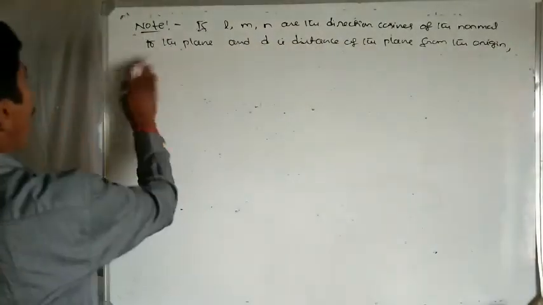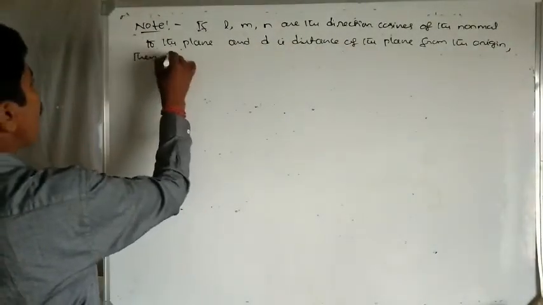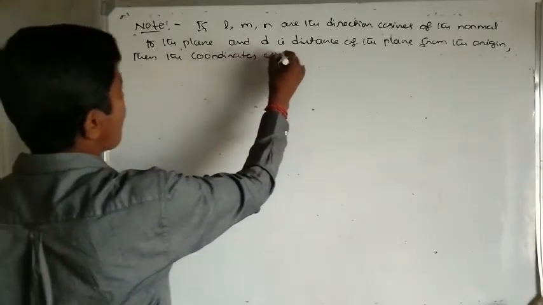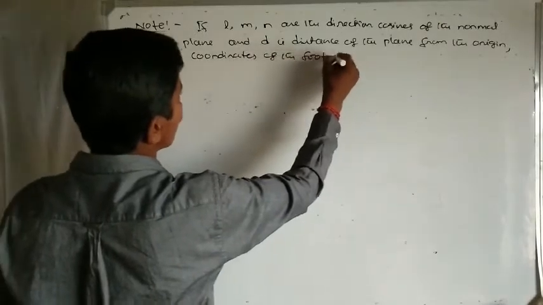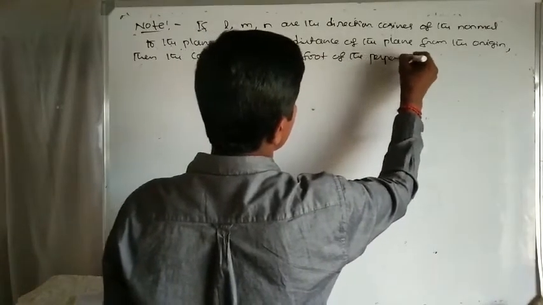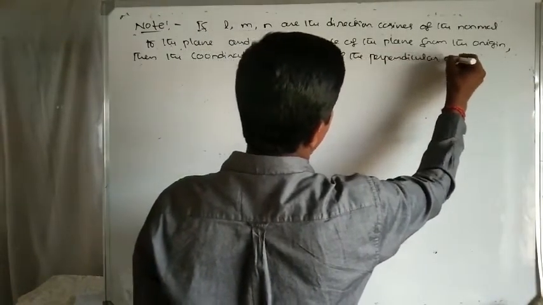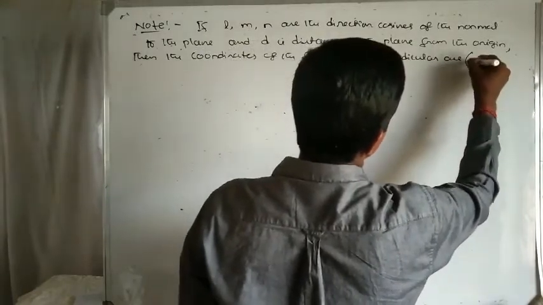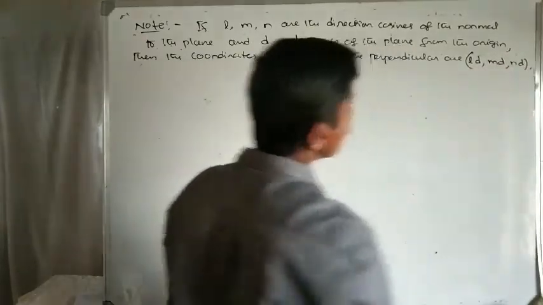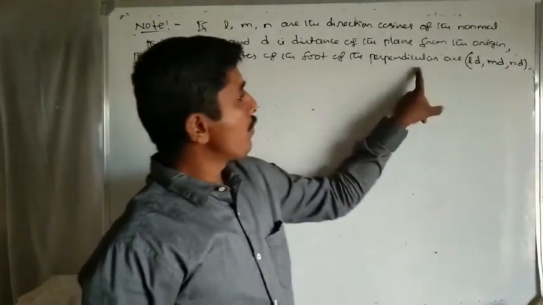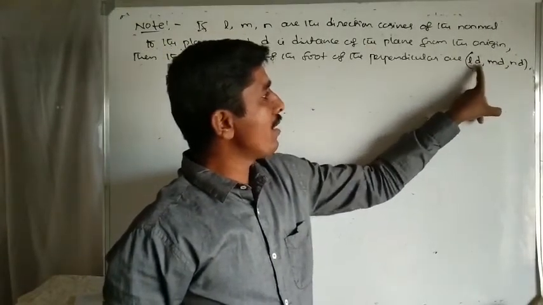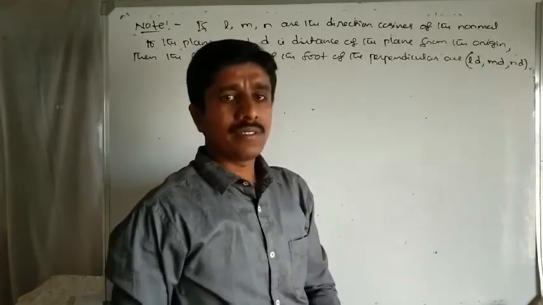then the coordinates of the foot of the perpendicular are ld, md, nd. Here the x coordinate is ld, the y coordinate is md, the z coordinate is nd.